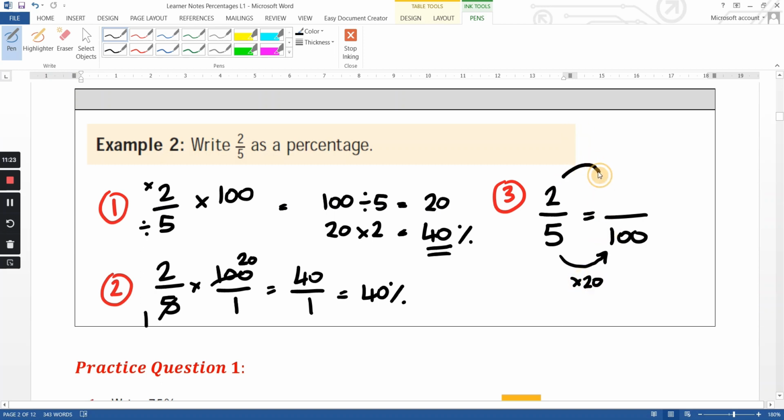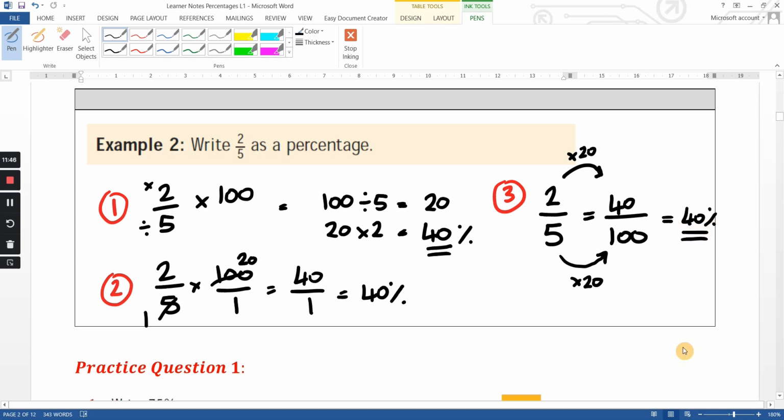So if you multiply the bottom by 20, you have to multiply the top by 20 as well. You'll get 40 here. So 2/5 is the same as 40 over 100. It's kind of like the opposite of simplifying. And once you've got this, there's your percentage. It's 40%. That's a really good way as well.